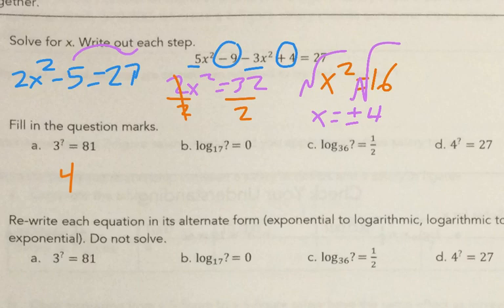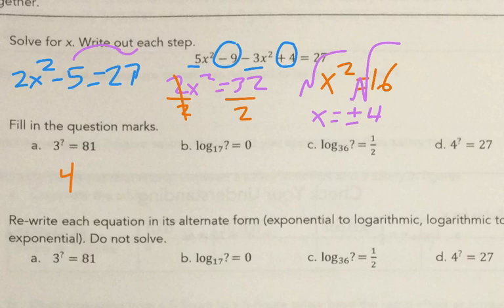Did you multiply? Well, yeah, that's where we're getting. Not yet, though. 3 times 3 is 9. Times 3 is 27. Times 3 is 81.